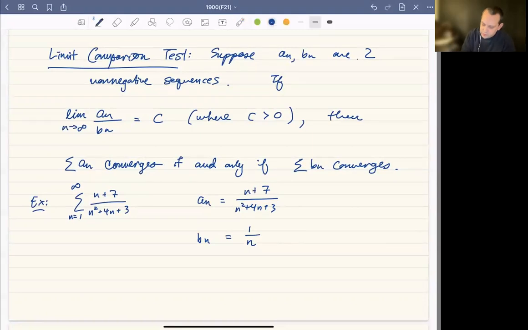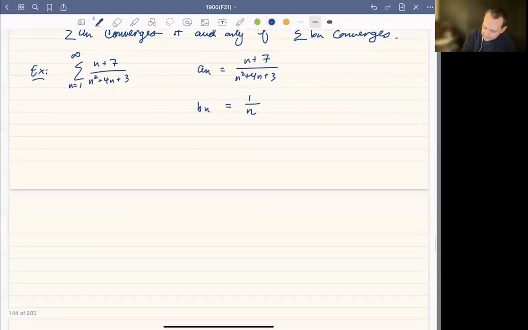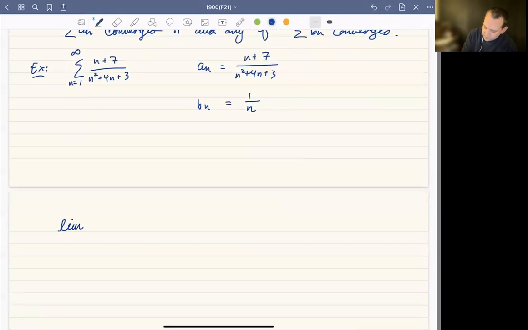Now we look at the limit of a sub n over b sub n as n goes to infinity. This is the limit of n plus 7 over n squared plus 4n plus 3, divided by 1 over n.